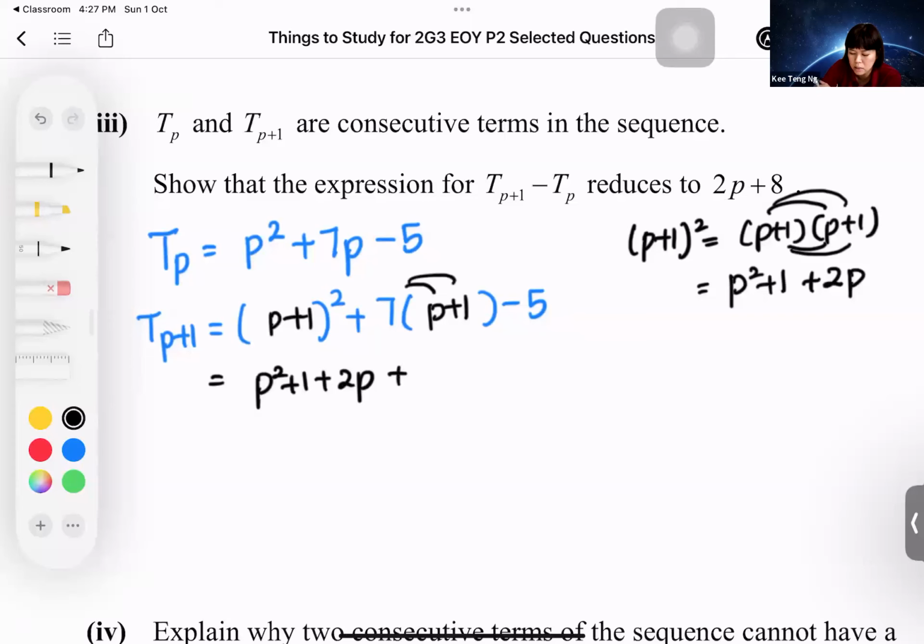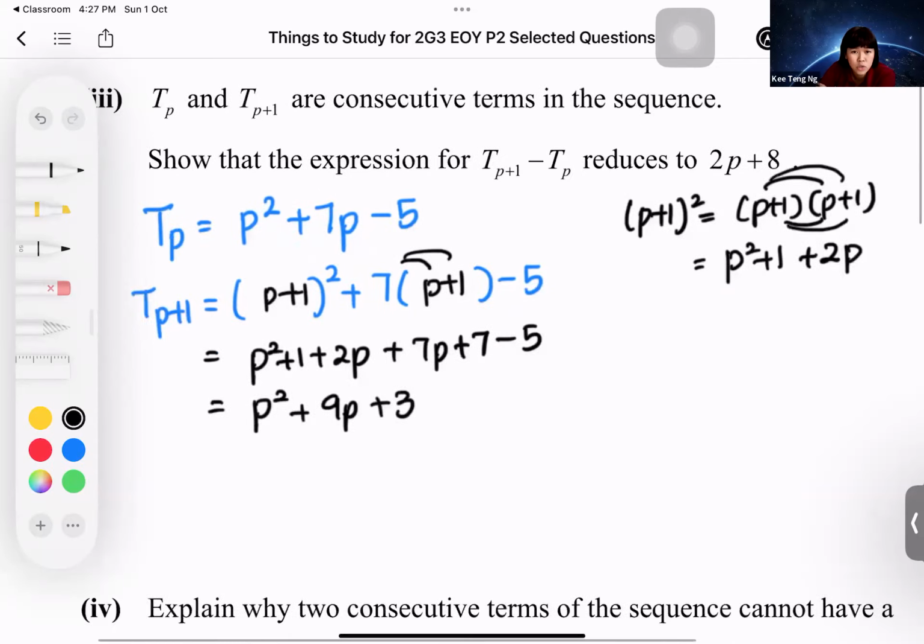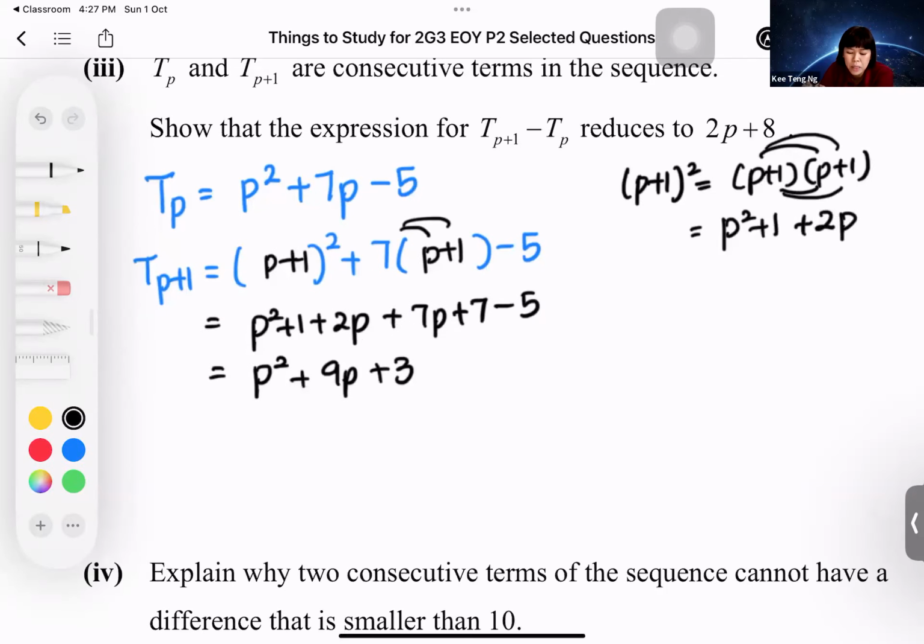Expand this, 7p plus 7 minus 5. Let me simplify this. p squared, 9p, 8 minus 5 is 3. Okay, then the question says, show that the expression TP plus 1, meaning this whole thing, subtract away TP, this whole thing. For subtraction, we need to do a bracket, so change sign, right?